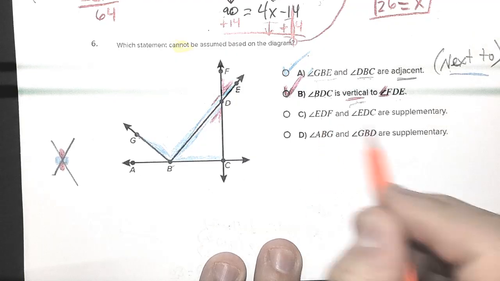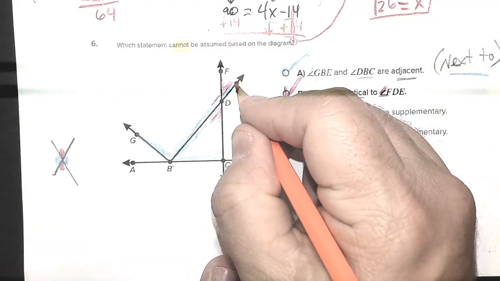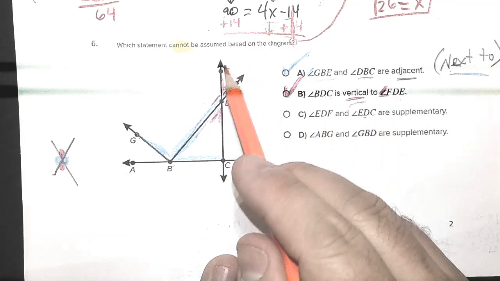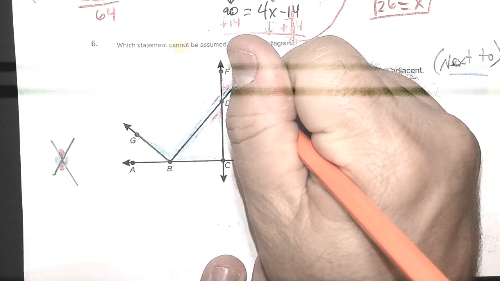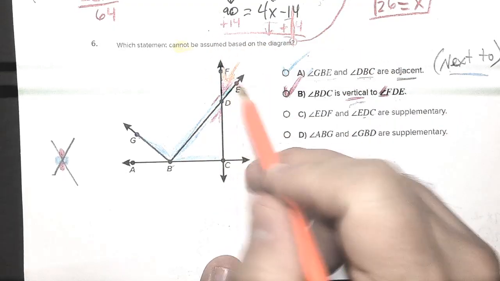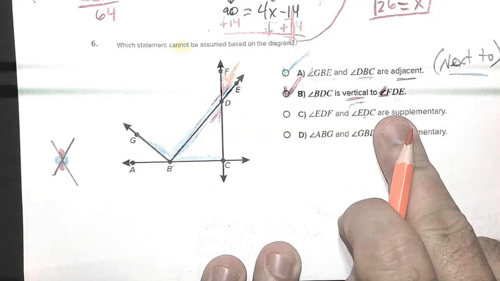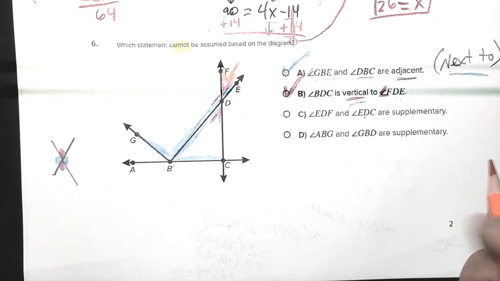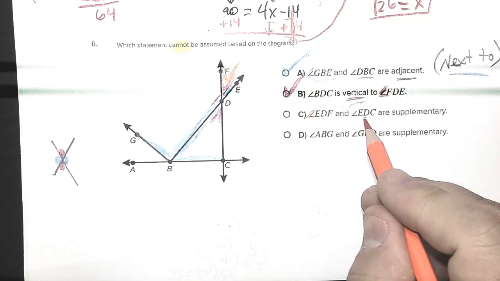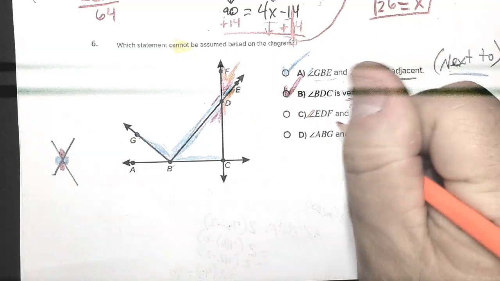All right, so EDF and EDC. So we're over here again. EDF, so that's FDE, EDF are the same thing. We're going to make them orange this time. And EDC.